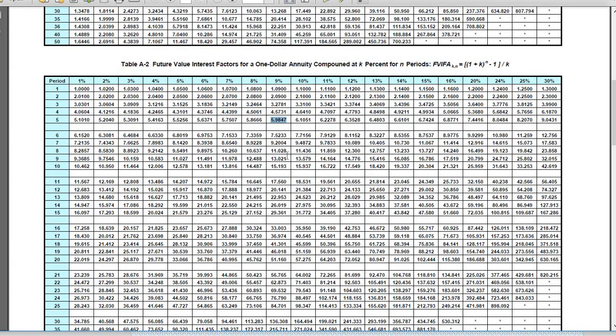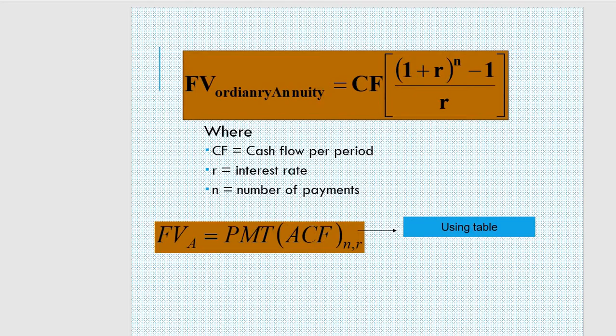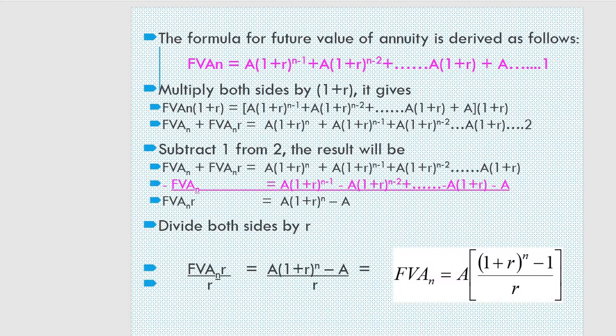You multiply by 5.9847 in the tables there, and you get the future value of that annuity. Okay? So using tables, we just say the payment multiplied by the future value interest factor of an annuity of n periods at r. Okay? You can get that one.